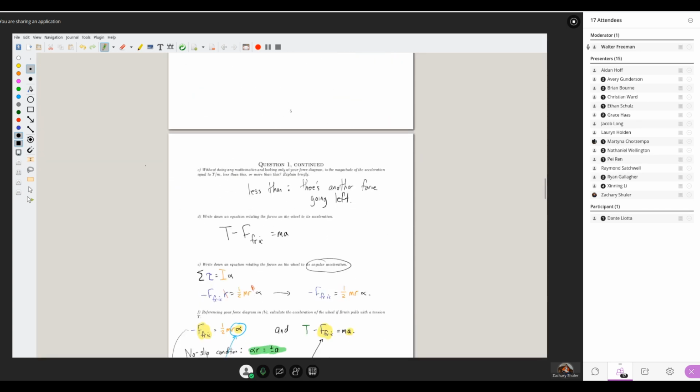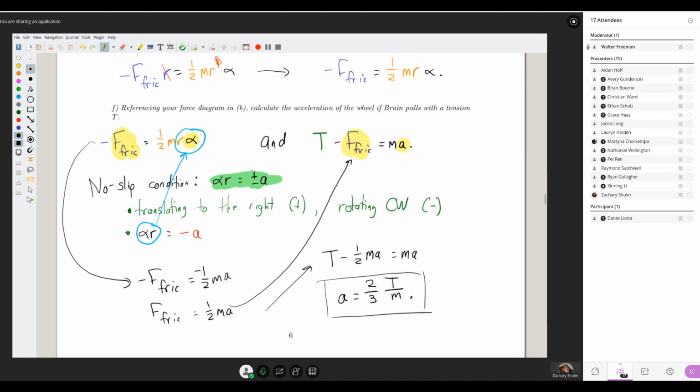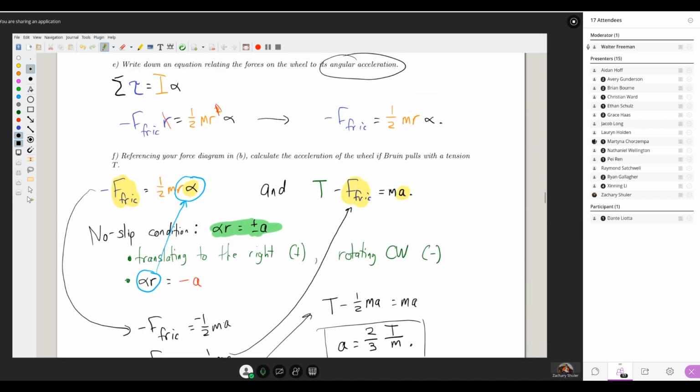So we then wrote down Newton's second law for rotation, the one on the left, and Newton's second law for translational motion, the one on the right.